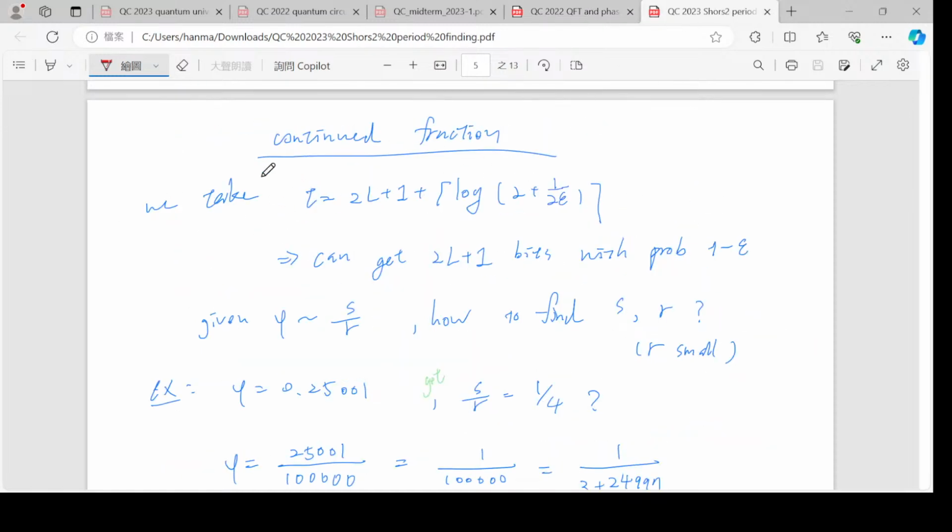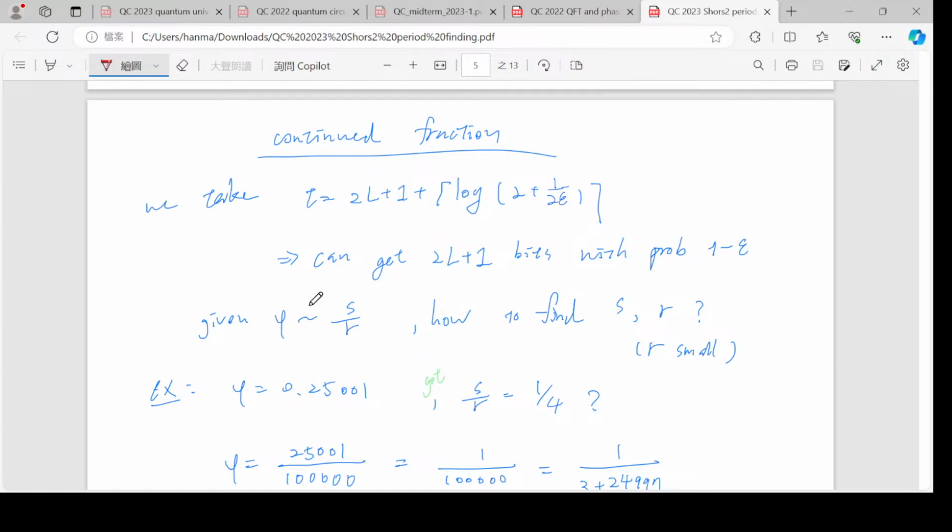If we use this many bits to do phase estimation, then we have 2L plus 1 bits precision, with error probability epsilon. So now we do phase estimation, and we get the 2L plus 1 bits precision number. That's our estimation of psi.